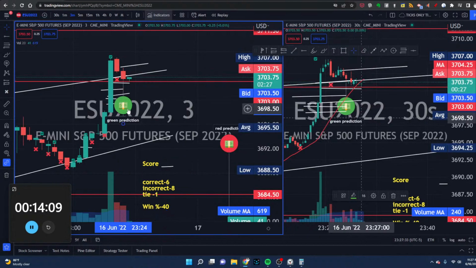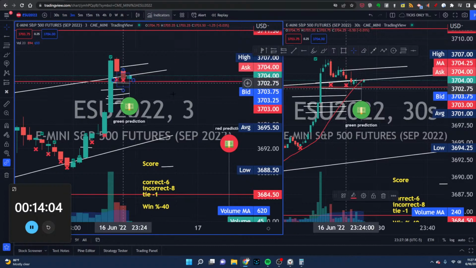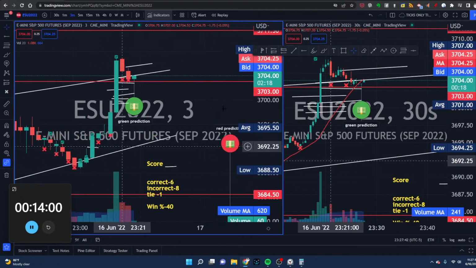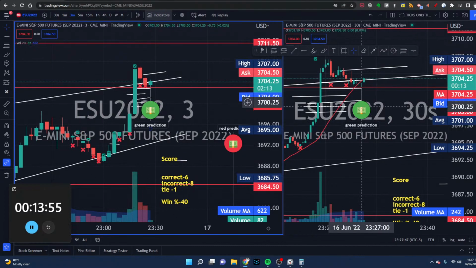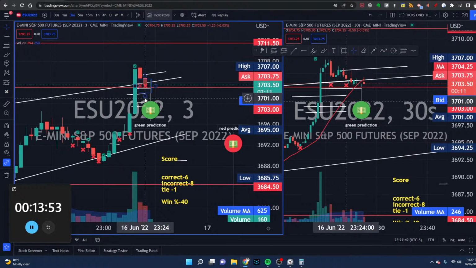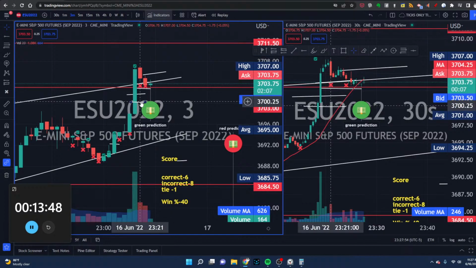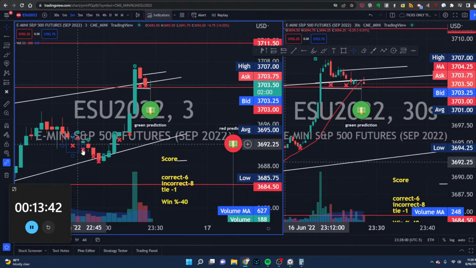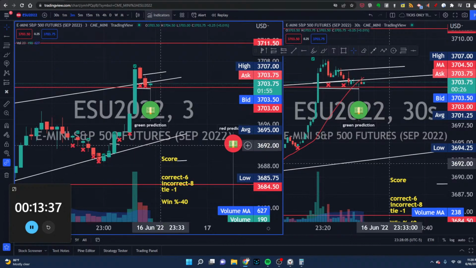Still going green on this. I'm doing this because I want you guys to see you don't have to be right every time on every bar to make money. Last night I was right 60% of the time and I predicted the overall direction and made money. Tonight, as you can see, I was wrong on these three going down, so I would have bought. But I was right when we hit this level here.